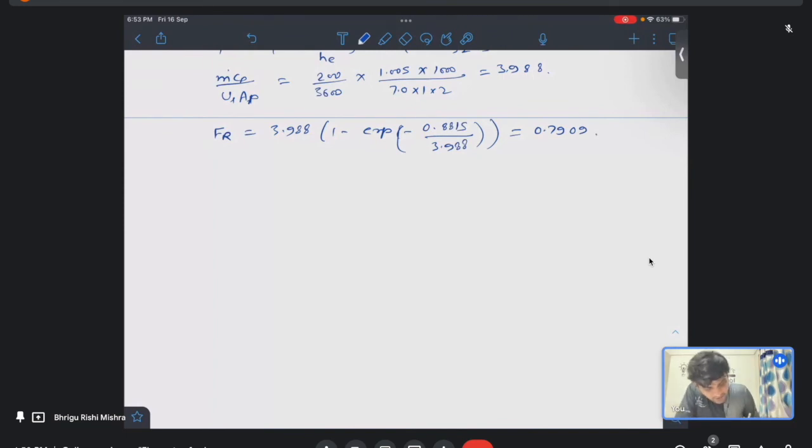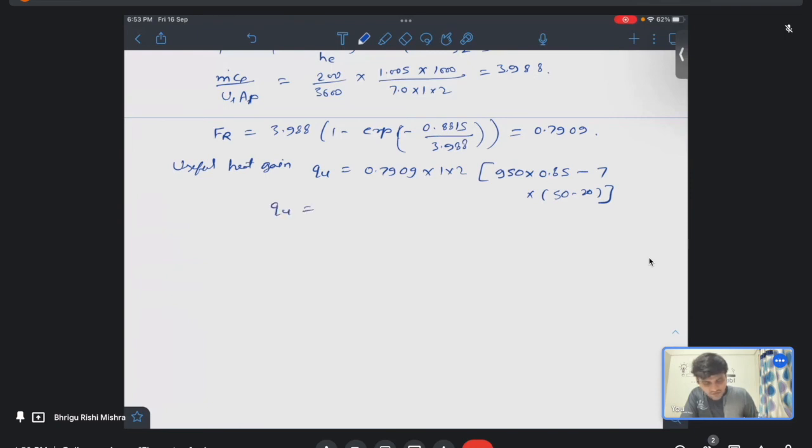So now we can calculate the useful heat gain QU equals this FR 0.7909 into the absorber plate area 1 into 2, IT into alpha average, which is the absorbed radiation, so 950 into 0.85, minus overall loss coefficient, that is 7, into the inlet temperature minus ambient temperature, 50 minus 20. So this gives QU equals 945.1 watt.